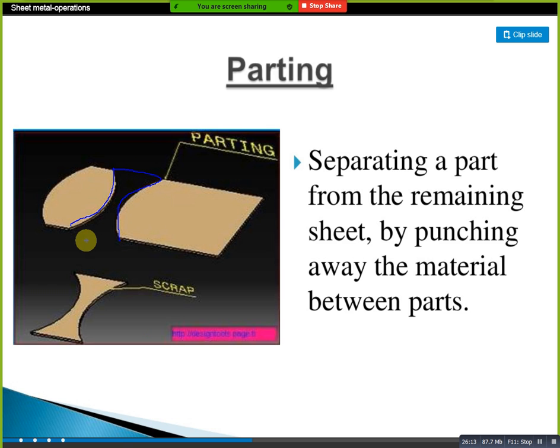That portion you can remove. Here in the middle, this is a useful part and this is a useful part, and this is scrap. This type of condition you consider as parting, separating a part from the remaining sheet by punching away the material between parts. You can use punching or gas cutting, or any other operation, and you consider it a parting operation.